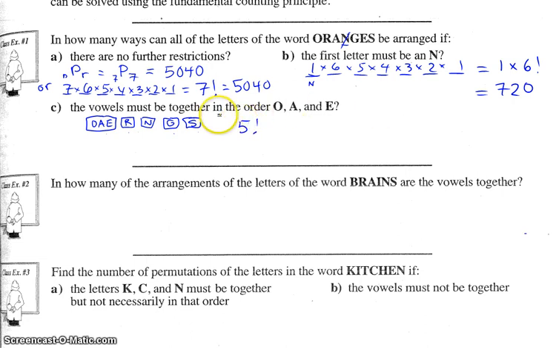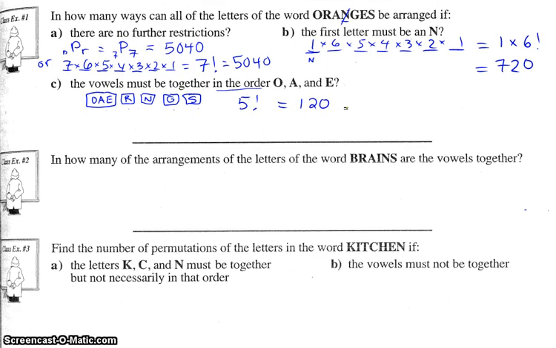Now if they'd said in no particular order for the O, A, and E, we would then rearrange those 3 letters within that group for every situation in which we rearrange the letters. And we'll get to that in a minute. But if it's in that particular order, you glue them together, they stick together, you're done. And your answer, 5 factorial, would be 120 ways to do that.